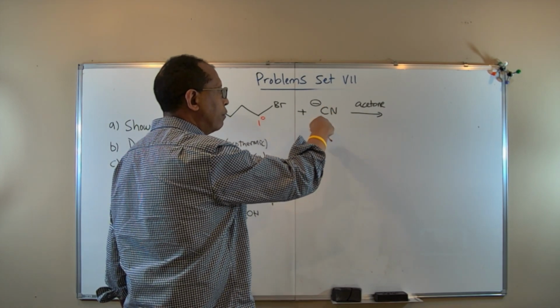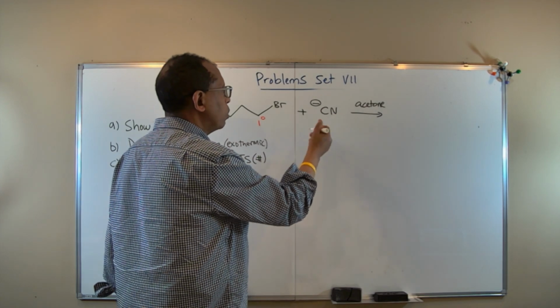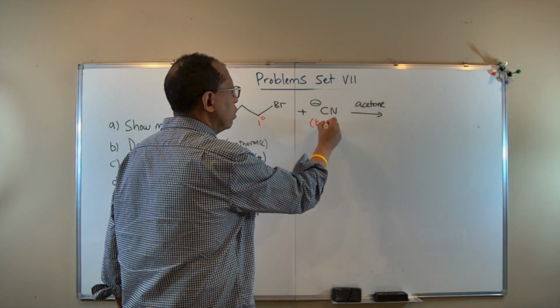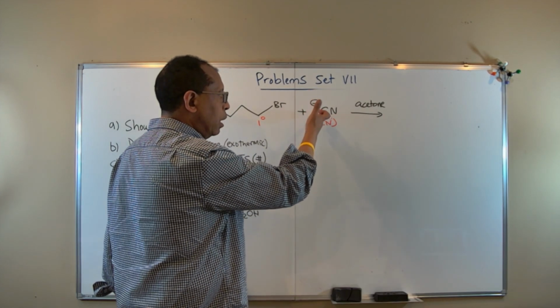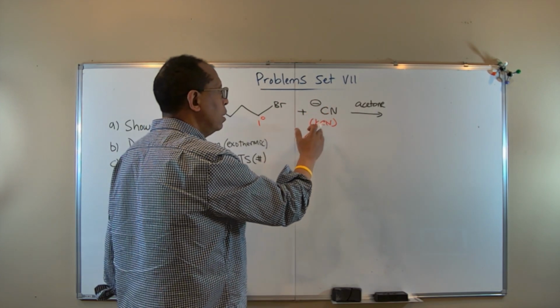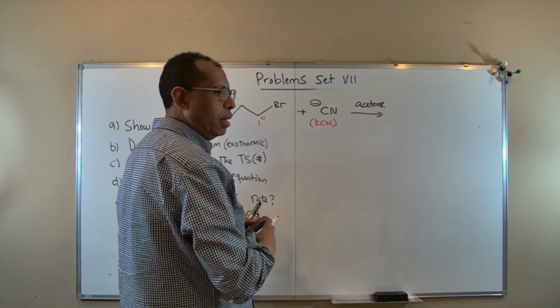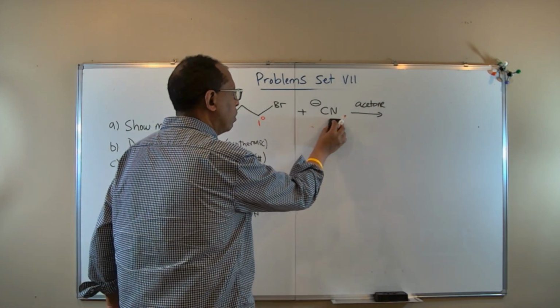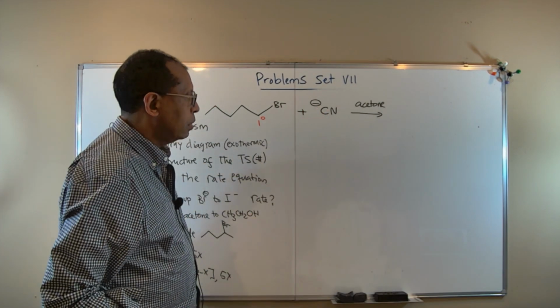It could have come from potassium cyanide or sodium cyanide, so it could also be given like this, and you should not be confused. The potassium doesn't do anything, so in a reaction we are just given the nucleophile. But this cannot just come by itself in a bottle, so it's potassium cyanide or sodium cyanide. In any case, that's the nucleophile.